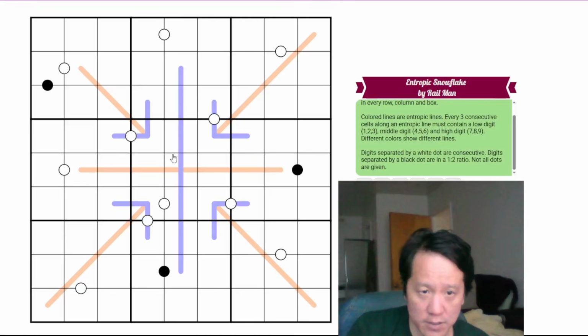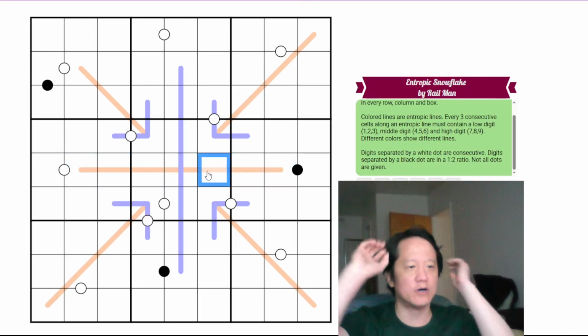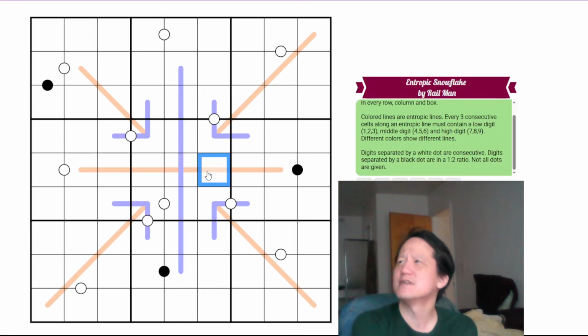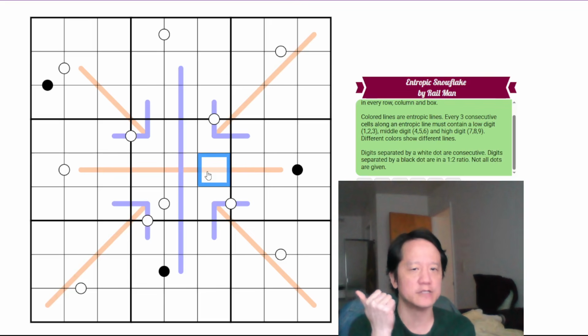Let's go. What I like doing for any line that alternates sets is to choose a random color and color it.